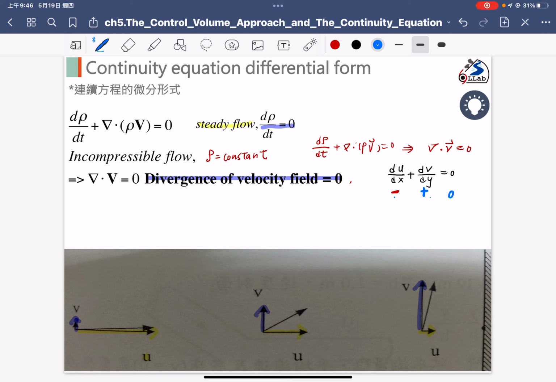So the divergence of the velocity field being equal to 0 helps us better understand the velocity field, because all velocity fields that satisfy the conditions of steady flow and incompressible flow always have zero divergence.